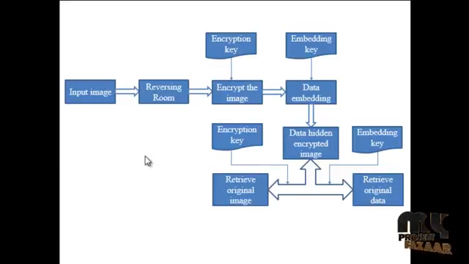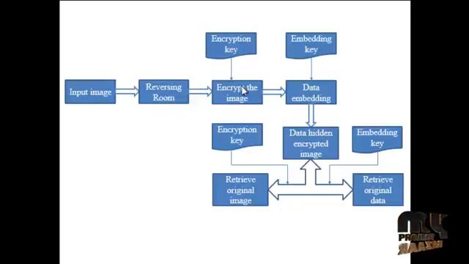This is the flow diagram for our process. First we give the input image, which can be any type of natural image. The input image goes to the reserving room stage, where the space is allocated. After the space is allocated, the image is encrypted by the encryption key, using the AES algorithm.